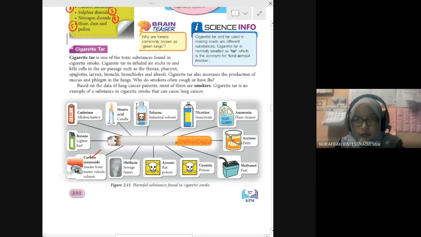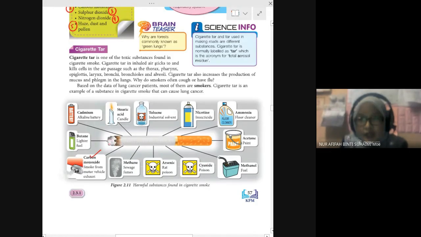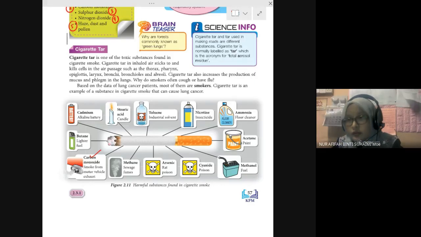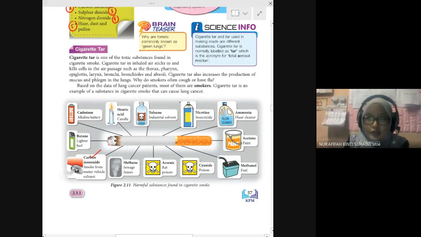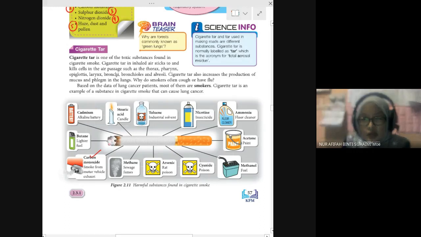Cigarette tar is one of the toxic substances found in cigarette smoke. When you inhale air, this cigarette tar will stick to your lung cells and block your air passage, such as your epiglottis, larynx, bronchus, bronchiole, and alveolus.